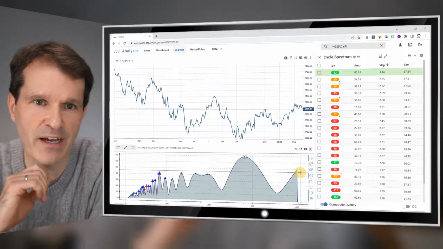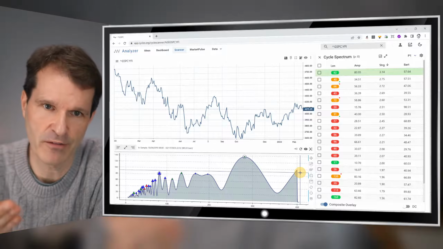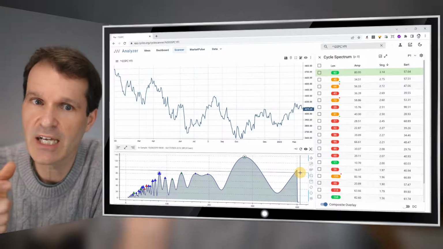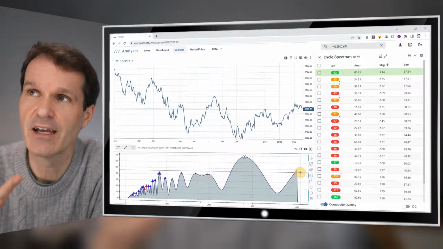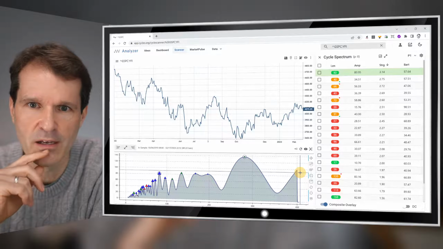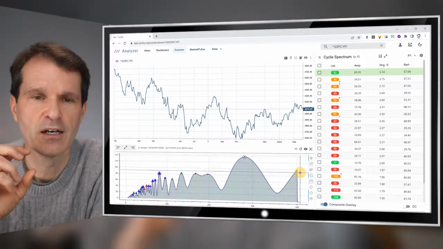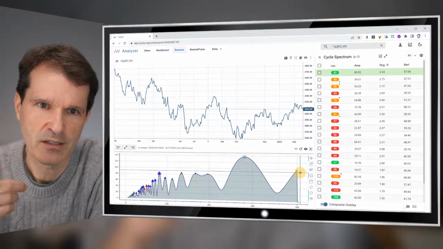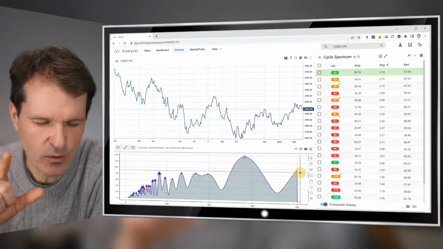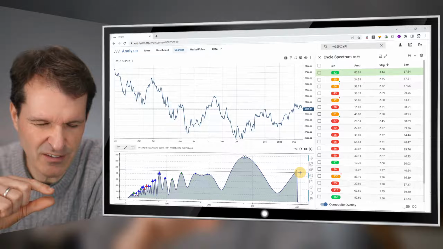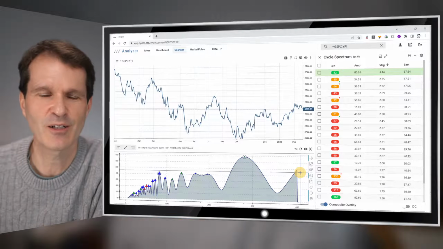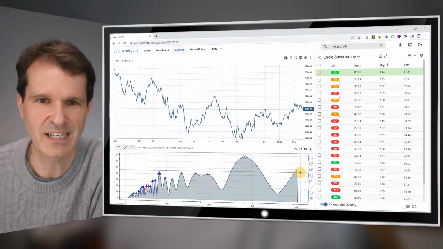To identify a 500-day cycle, for example, you need to switch to a weekly data set and recalculate. How many weeks would this be? Divide 500 by 5 trading days, so it's a 100-week cycle. A 100-week trading cycle would be similar to a 500-day cycle.